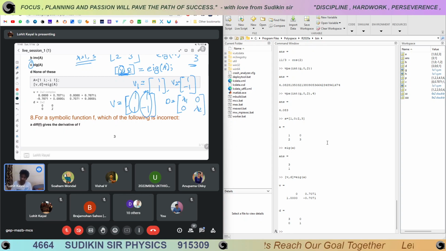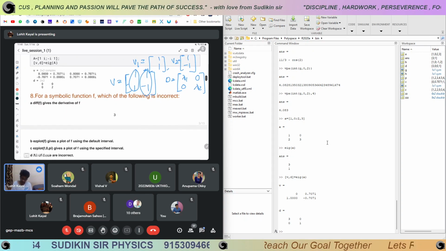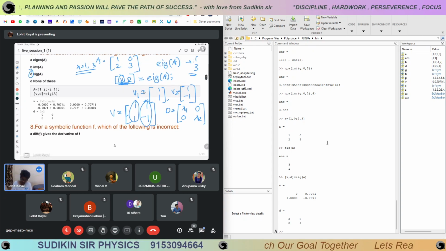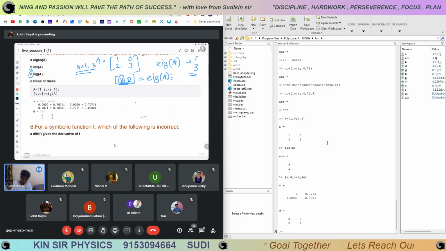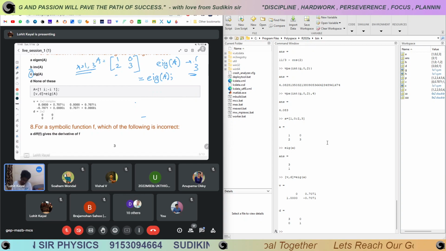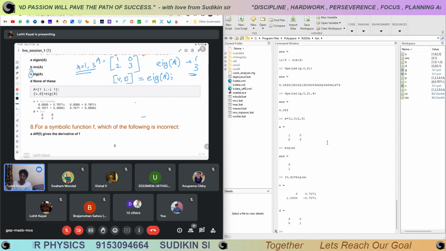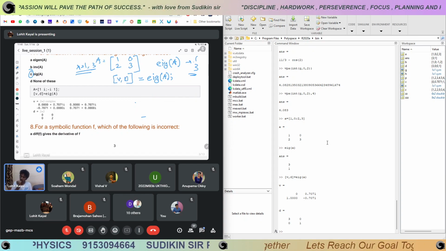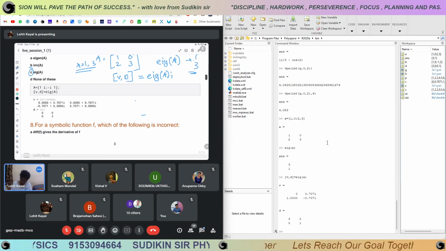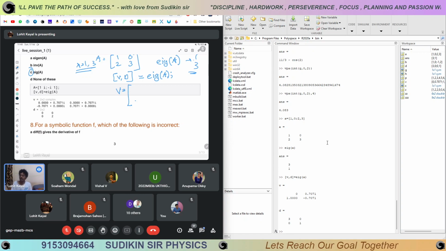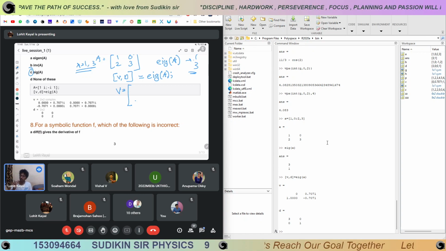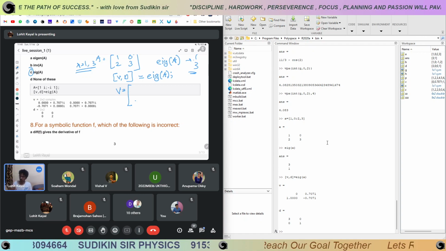So let me repeat it once again. You are writing [V,D] = eig(A). Then V will contain your eigenvectors, and each eigenvector will appear in each column.